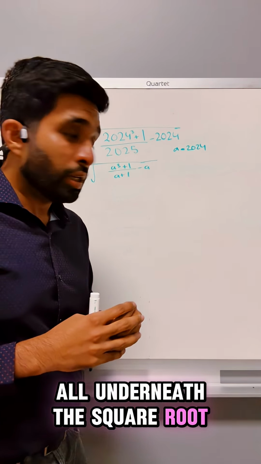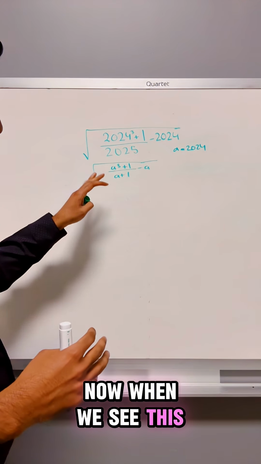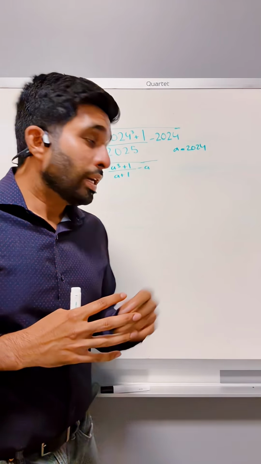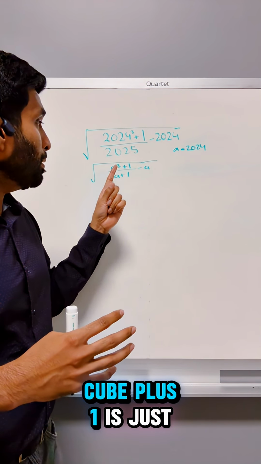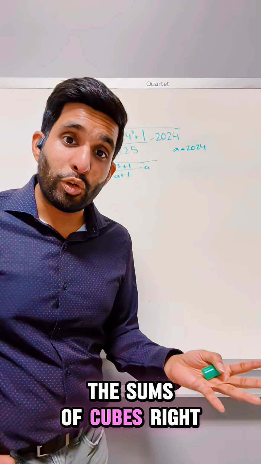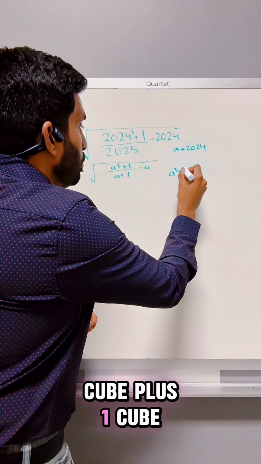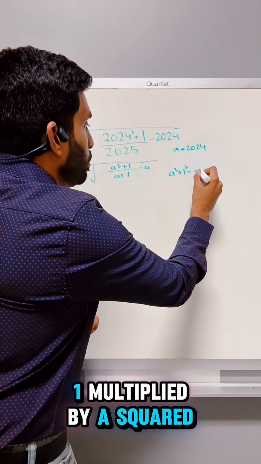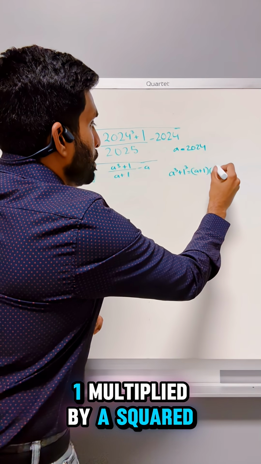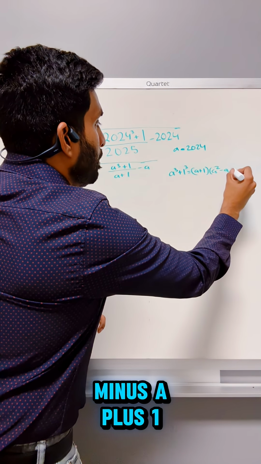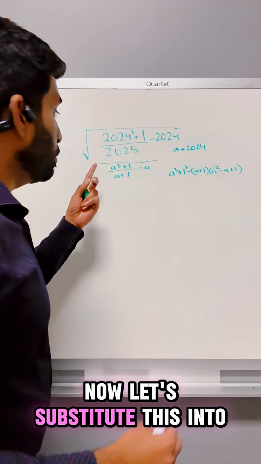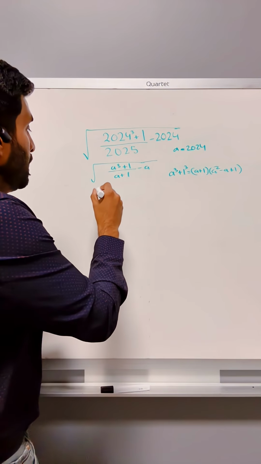underneath the square root. Now when we see this, you can see that A cubed plus 1 is just the sum of cubes, right? And for the sum of cubes, if I have A cubed plus 1 cubed, well, that's simply A plus 1 multiplied by A squared minus A plus 1. Now let's substitute this into the expression.